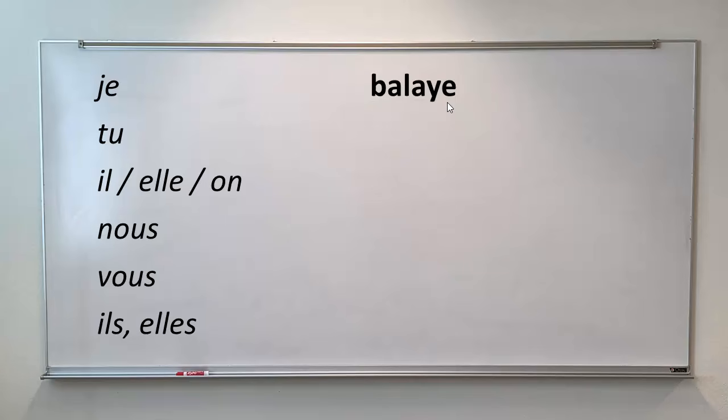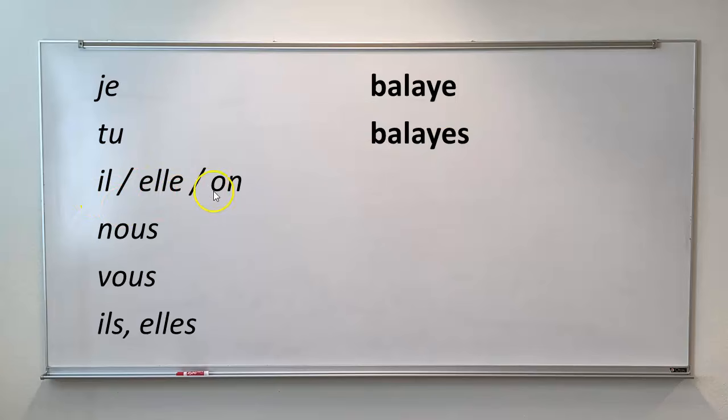Je balaye. Tu, we start with our root, and we add our ending for tu, which is es. So we have tu balayes, which means you sweep, you do sweep, or you are sweeping, just depending on context.